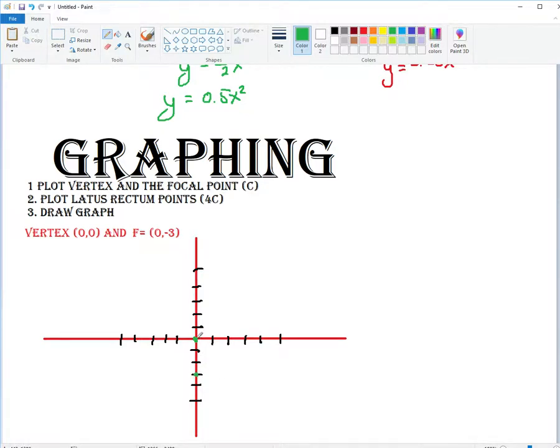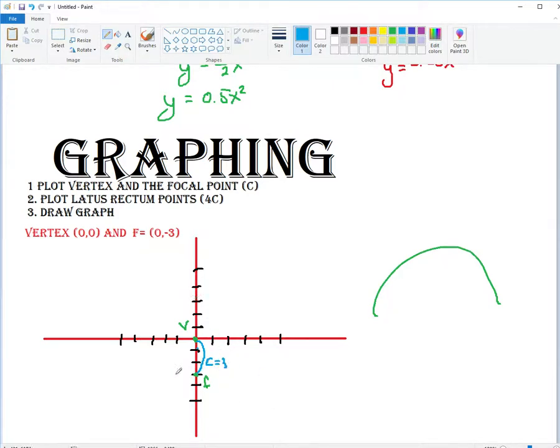Okay, so now I know that if my vertex is here, and this is my focal point, it has to be downwards facing. It's going to be one of these, right? Because the focal point has to be inside my parabola. I also know that the latus rectum has a length of 4C going across my focal point. So C is going to be 1, 2, 3. So this is my C. It has a length of 3.